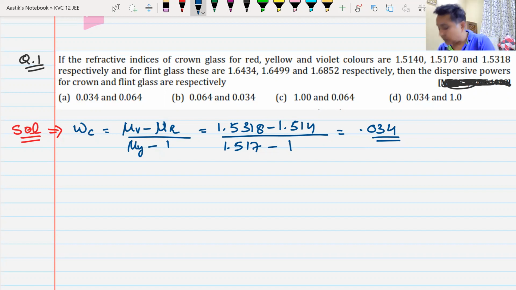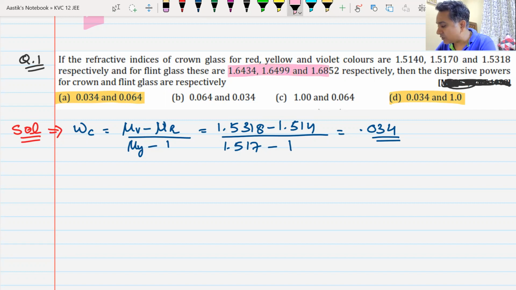Yes, sir. Okay. Now, once you get this, you don't have to solve for the other one. Now, you look at the options. Be smart and look at the options. You have option A, which has this one, and you have option D, which has this one. But look at option A and option D. One of the options is not possible looking at the values that we have.